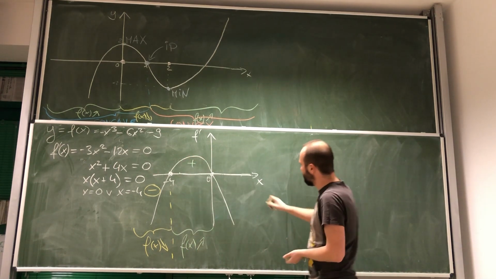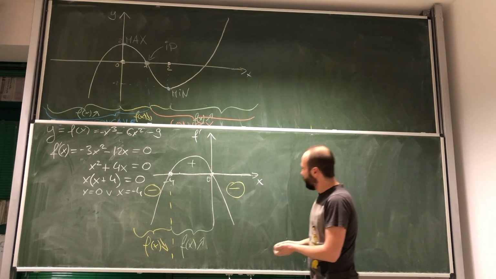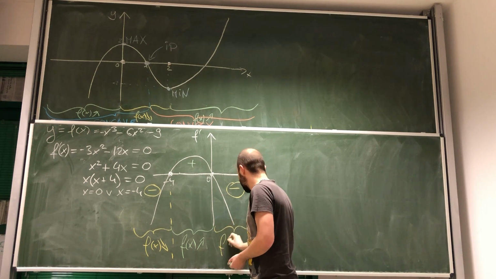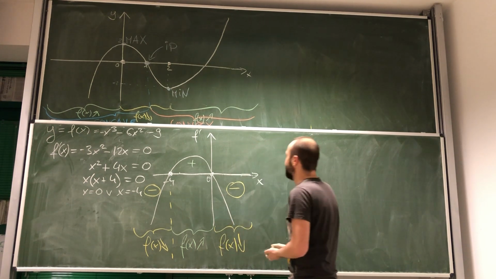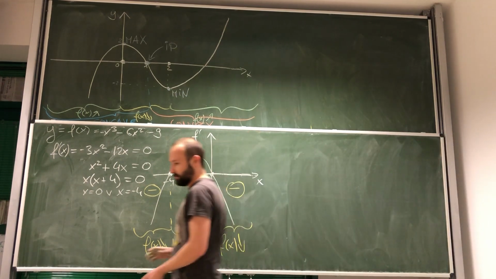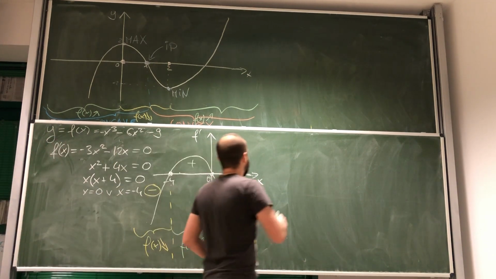And finally, over here, derivative is again negative, which means that the function is decreasing again. Okay, so now let's go to the calculation of the second derivative.